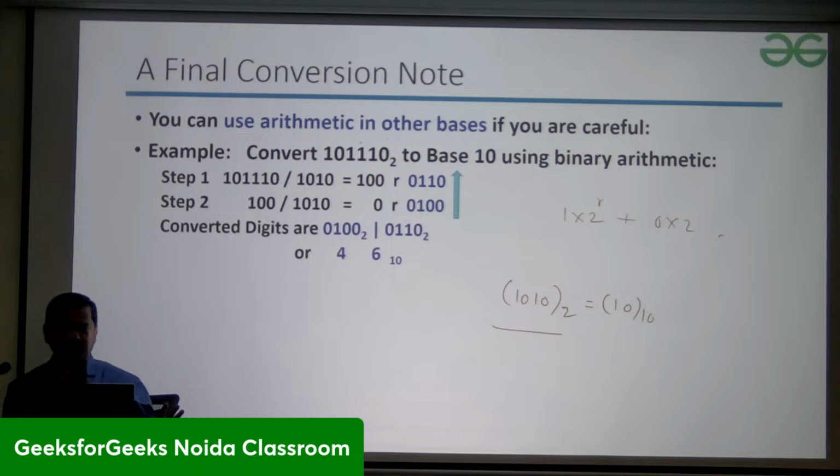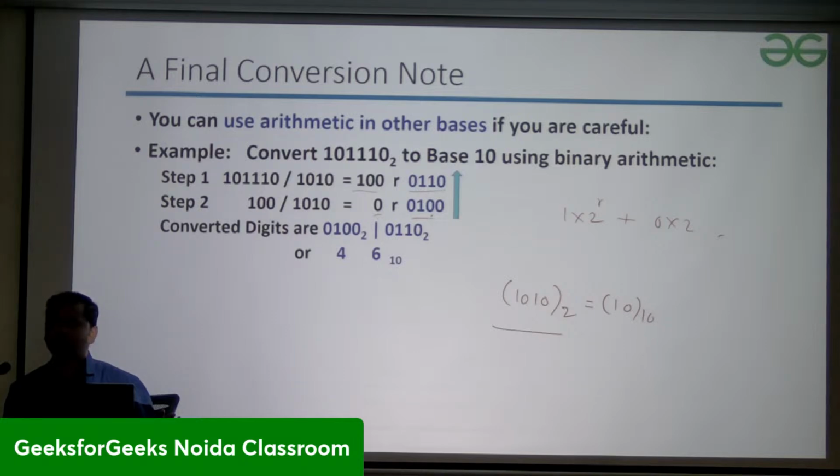Here you can have the division like 10111 divided by 1010, and that has a quotient as well as a remainder. Again, the quotient is further divided by this. We have the quotient and the remainder.